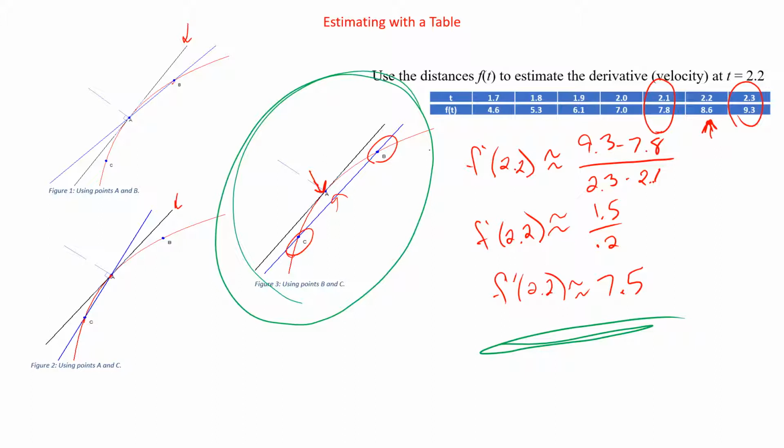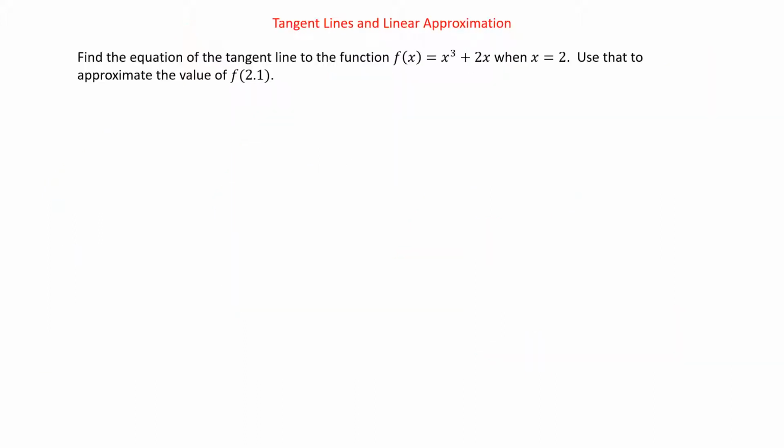The hardest part is simply knowing what two points to choose. Now, if we were trying to find the slope at an endpoint, let's say at 1.7, we would have to use those 2 points because we don't have another point on the other side of 1.7. So you just use that and the one next to it. But most of the time, we'll have a point on either side. Use those 2 points. So that would be estimating with a table.